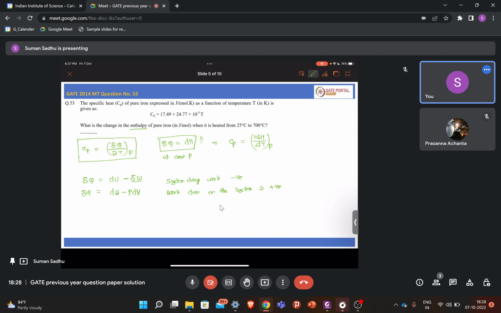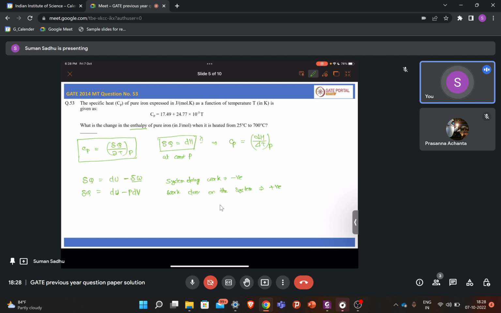System is doing work means it is losing some energy. That means its internal energy will drop. You can remember like this: whenever the system is doing work, it is losing some energy from the system, so it is negative.